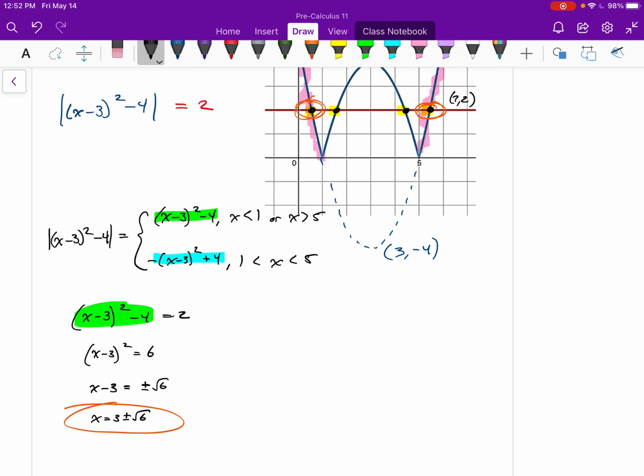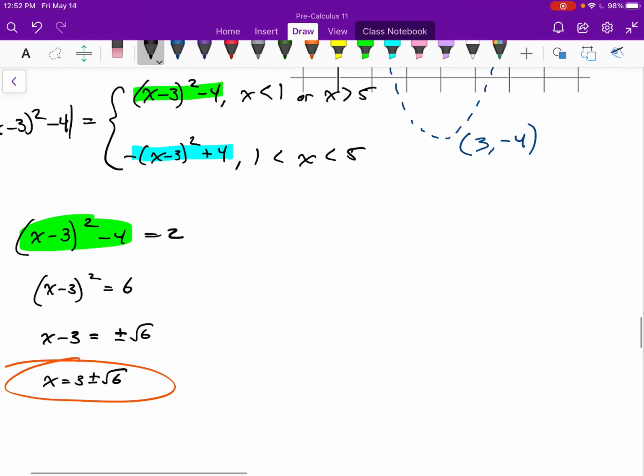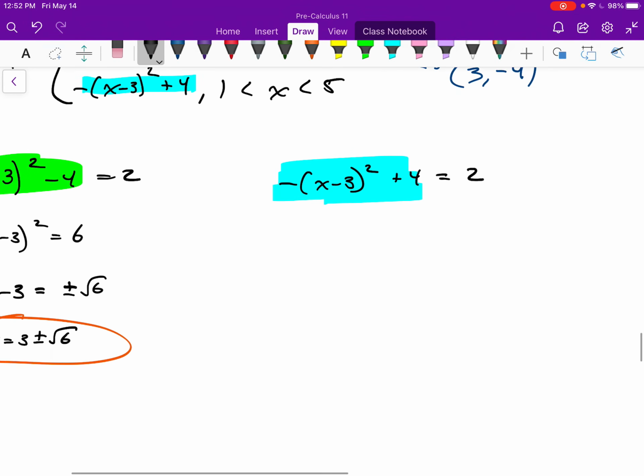All right, similarly, let me do the same thing with the second piece and make this equal to 2. In this case, I'll subtract 4 from both sides. I shouldn't square root both sides yet because I have a negative in front of the (x minus 3) squared, but I can just divide both sides by negative 1 or multiply both sides by negative 1.